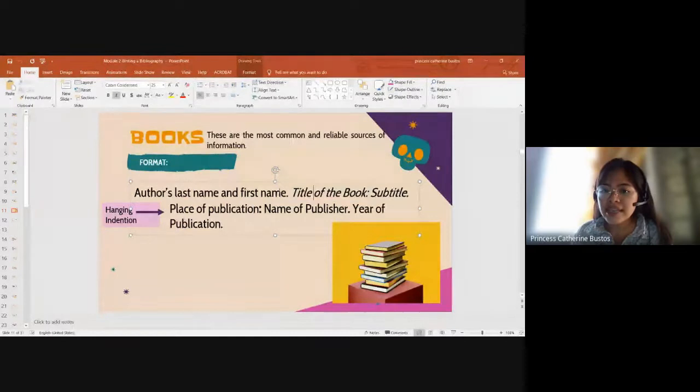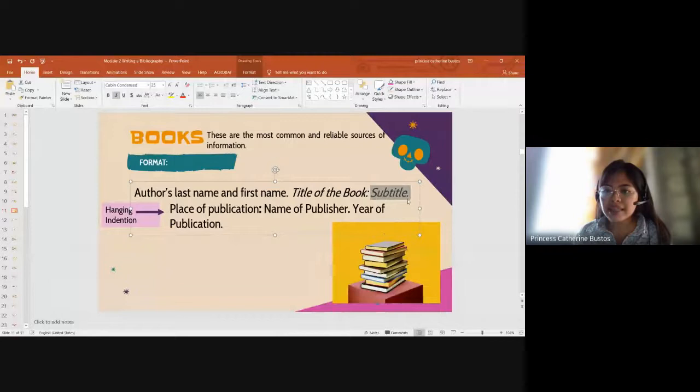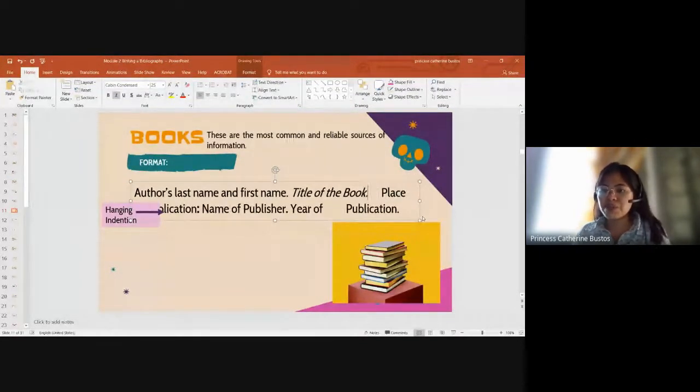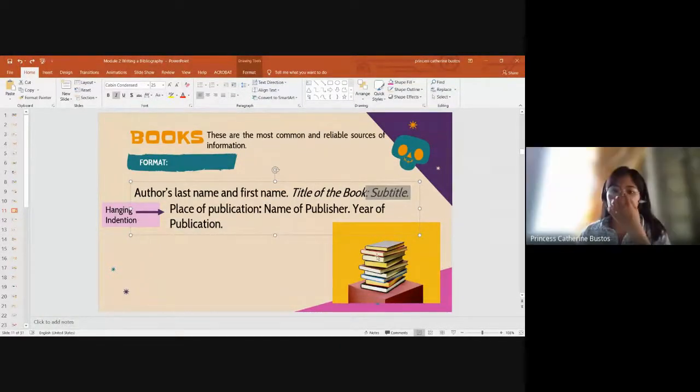So it's italicized. As you can see, you have to click here the italics. Then you have colon plus the subtitle. What if my book has no subtitle? Then just remove it and put period there. Do you follow? I follow.